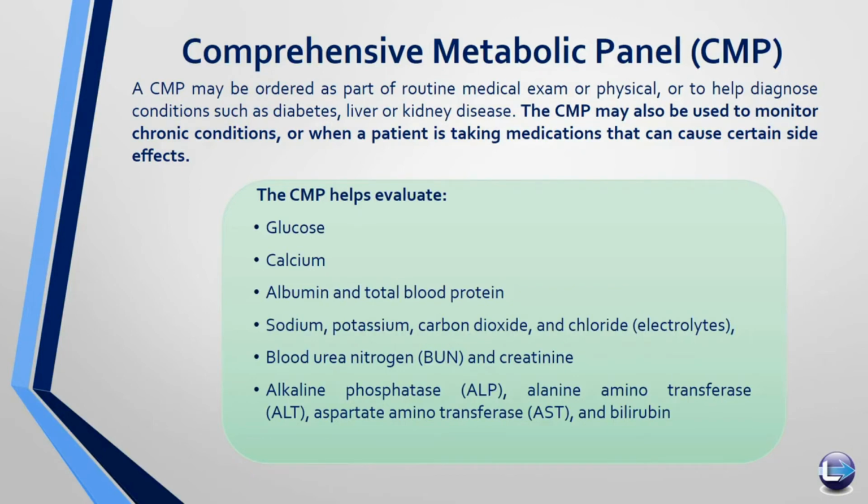The CMP helps evaluate glucose, calcium, albumin and total blood protein, sodium, potassium, carbon dioxide and chloride, which are the electrolytes, blood urea nitrogen, BUN, and creatinine, alkaline phosphatase, ALP, alanine aminotransferase, ALT, aspartate aminotransferase, AST, and bilirubin.